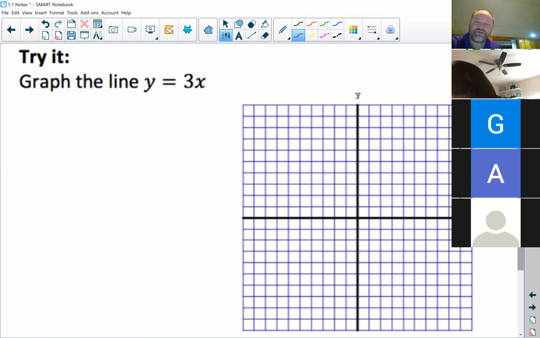Zero, exactly. So this is like y equals 3x plus 0. So it crosses right at the origin. All right, what is the slope?